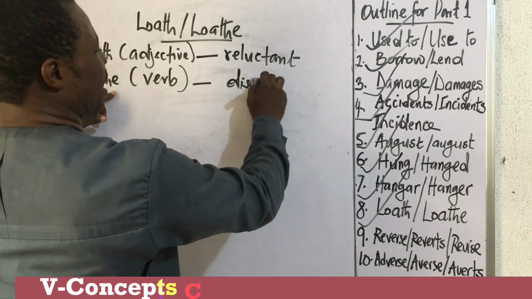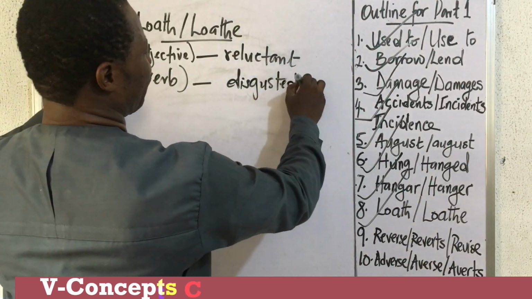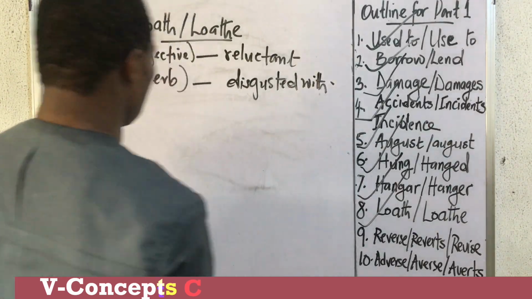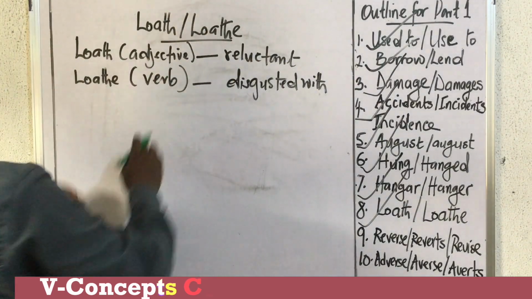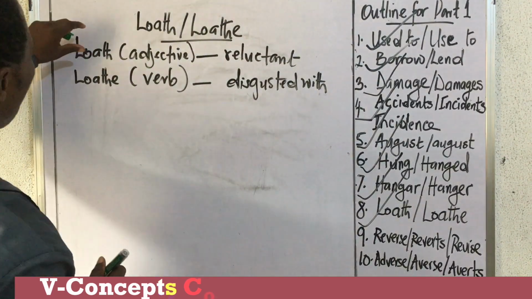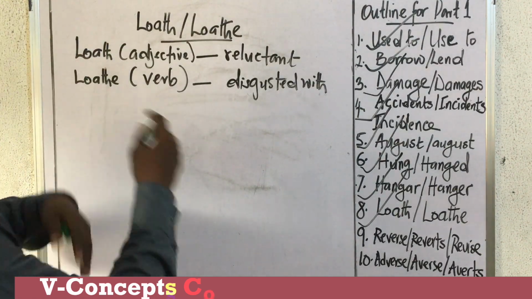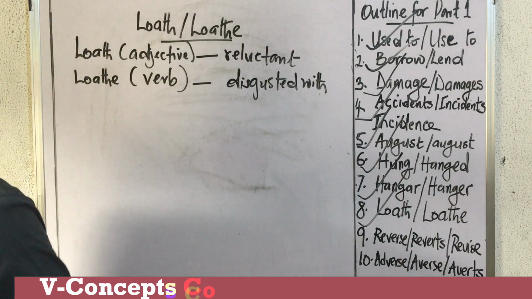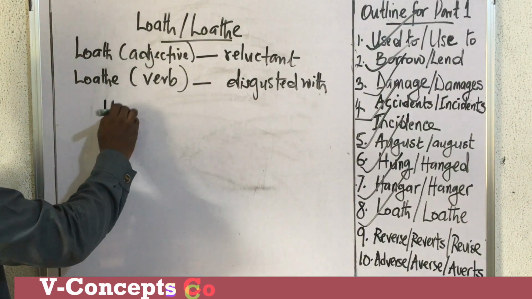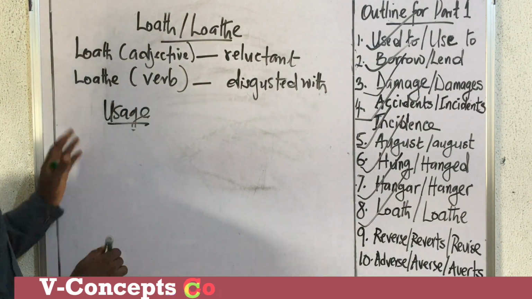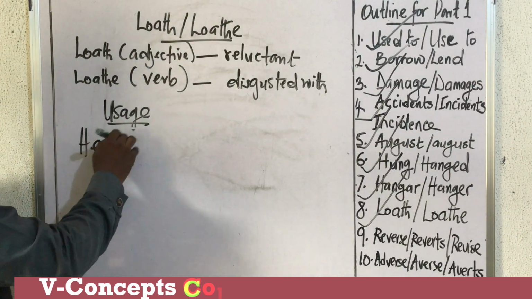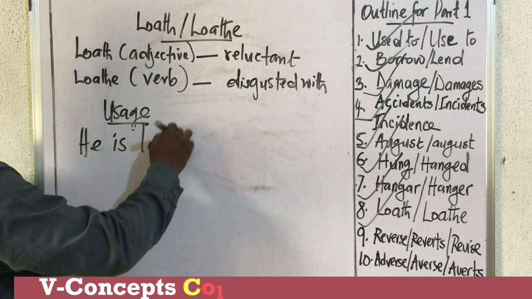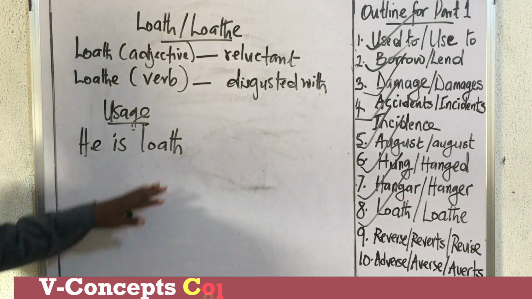So what is important is the way to use them in expressions. Whenever you want to use loath, it must be used in a descriptive form of someone. Let's look at using it so that you can understand better. If I say something like, he is loath, this is perfect.